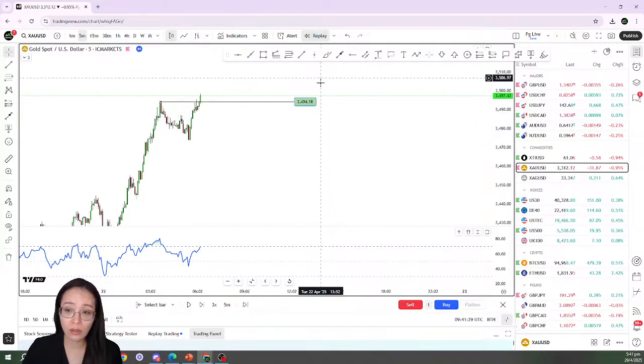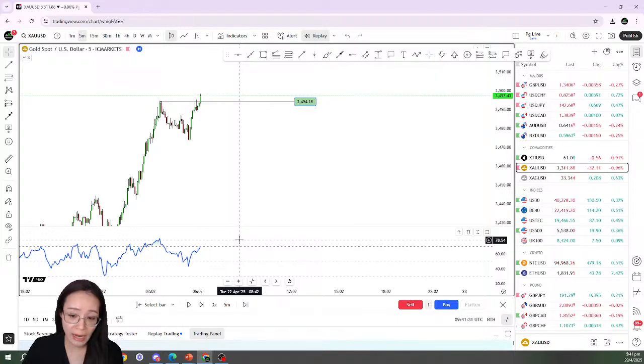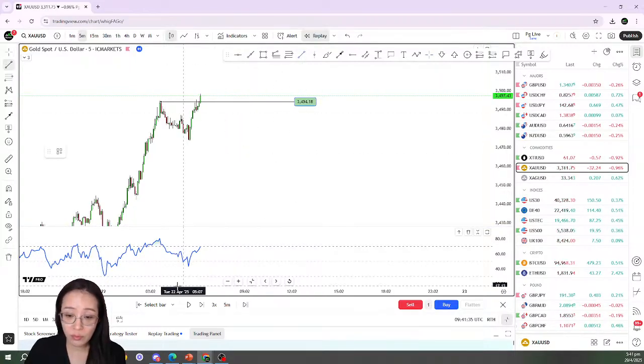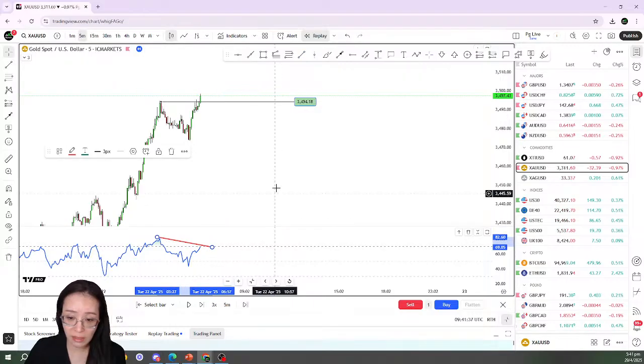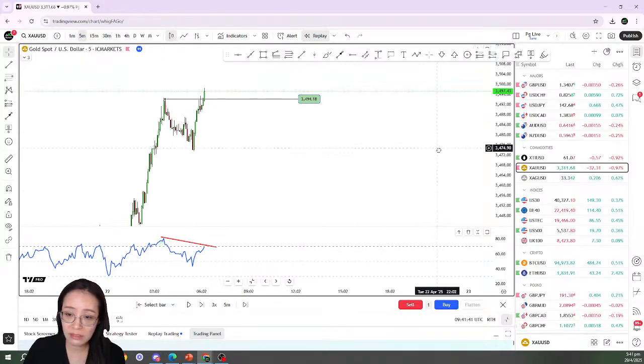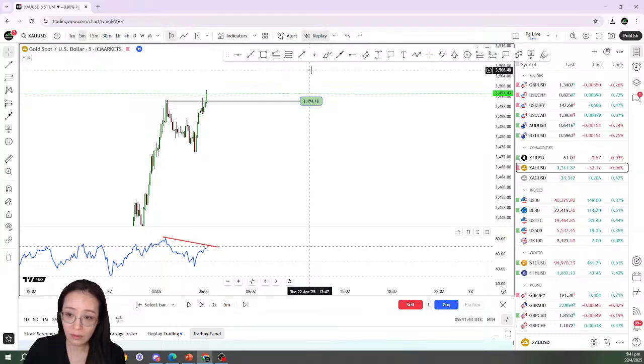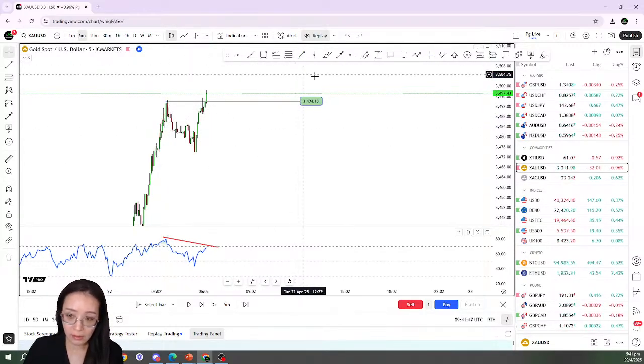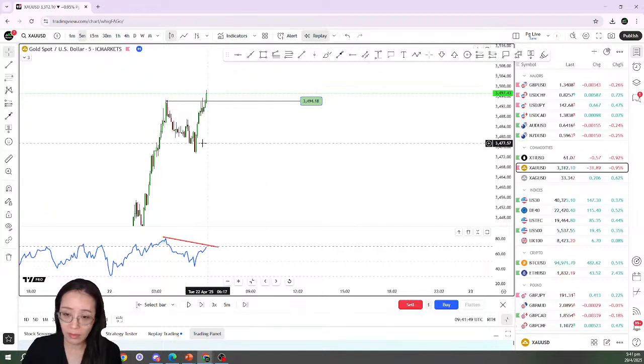But you will look at the RSI. The RSI is already telling you that they might reverse from this, because that is a divergence, but it's not completed yet, because for the divergence, price needs to make a higher high, right?